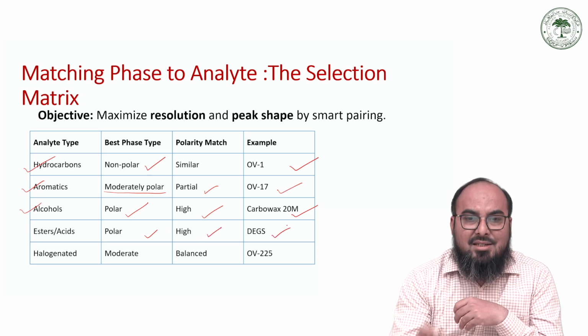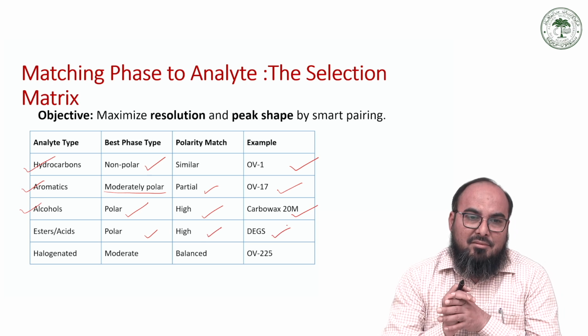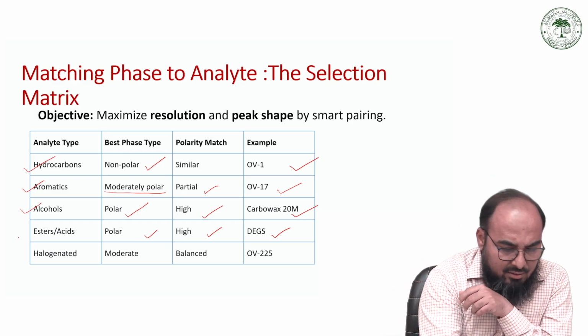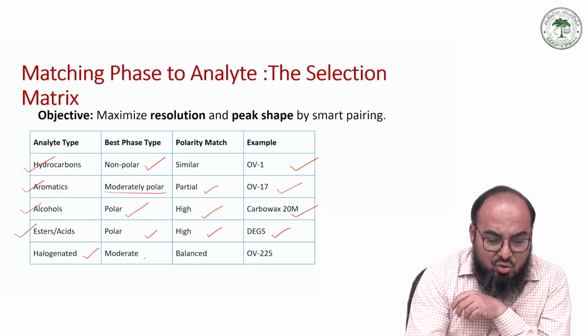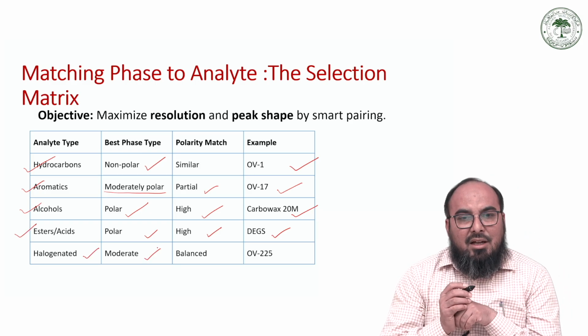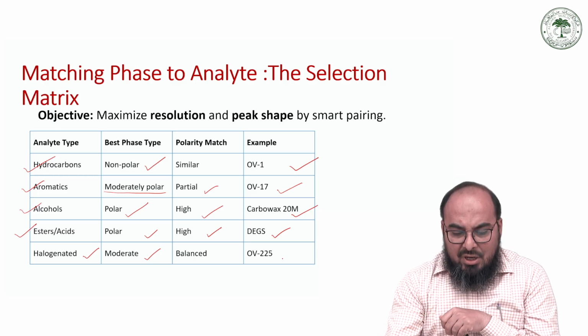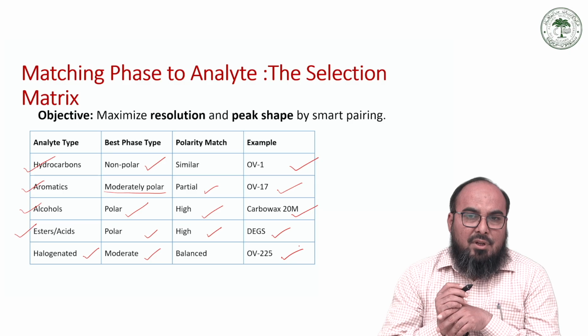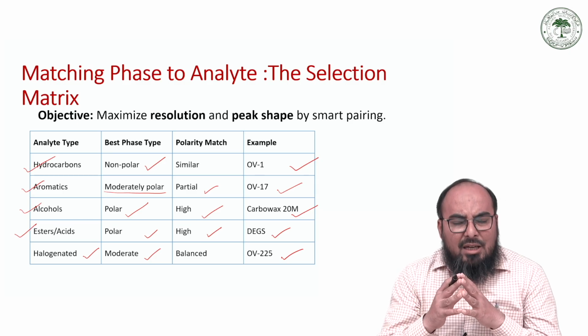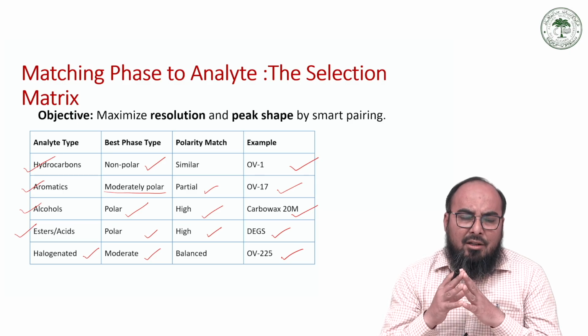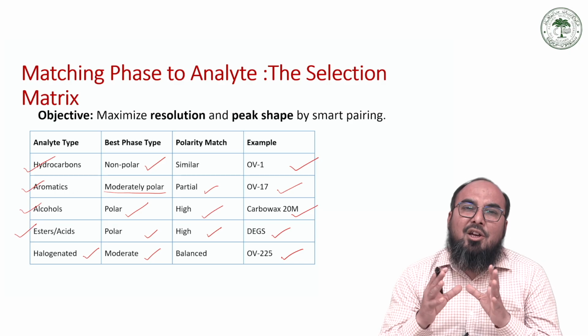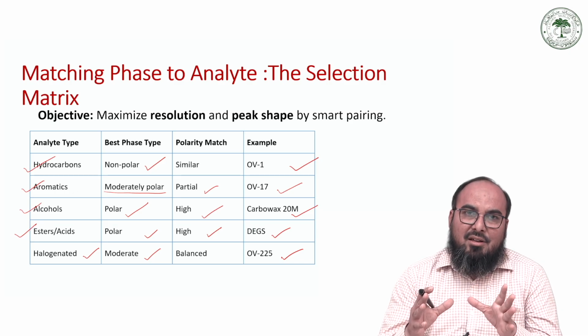For example, succinates. For halogenated compounds, you have to choose a moderate phase, like the one you have chosen for aromatics. An example is OV225. So you have to keep in mind the nature of your analyte, and on the basis of that nature, you have to choose the phase so that you can have a good match.